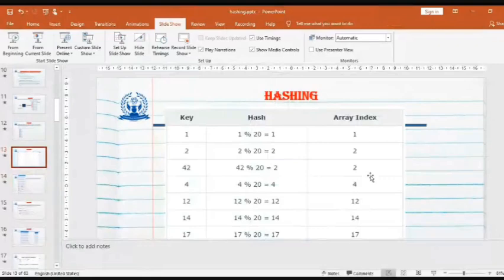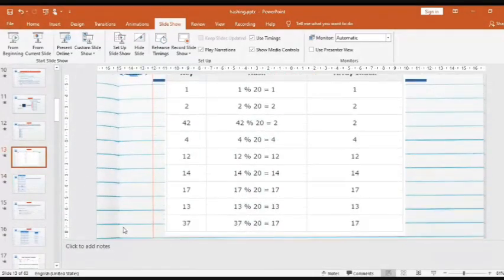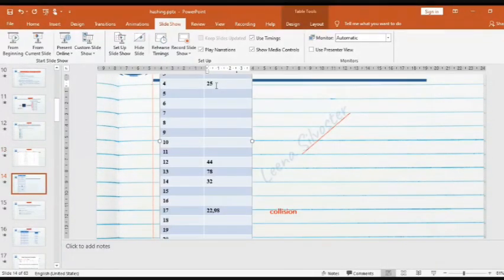What about 3? Do you have any value at 3? According to this table, no. What about 4? 4. Okay, what about 5? Is there any value at location 5? No. 6? No. 7? No. 8? No. 9? No. 10?